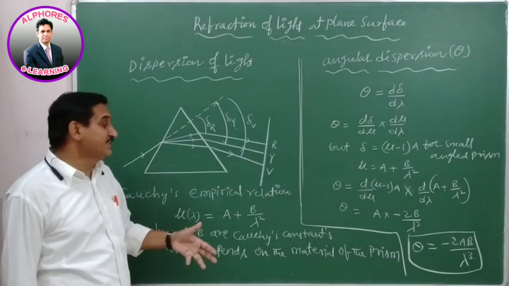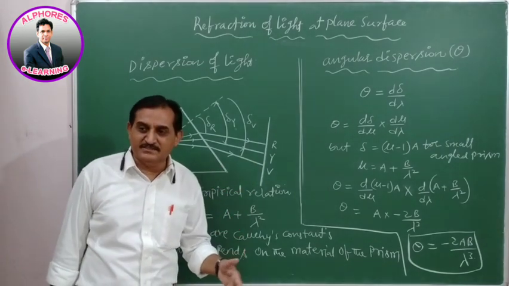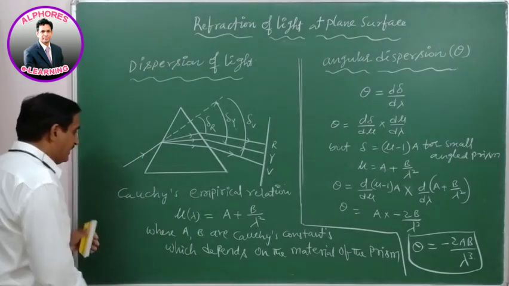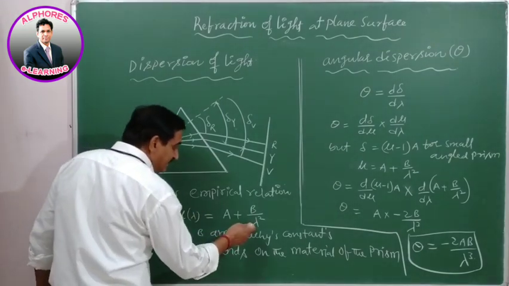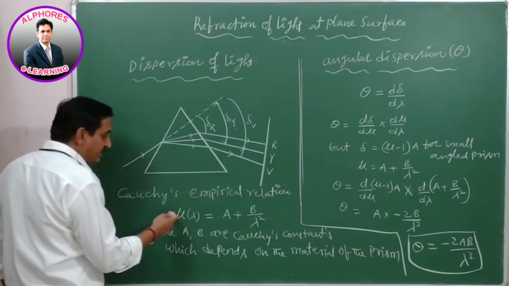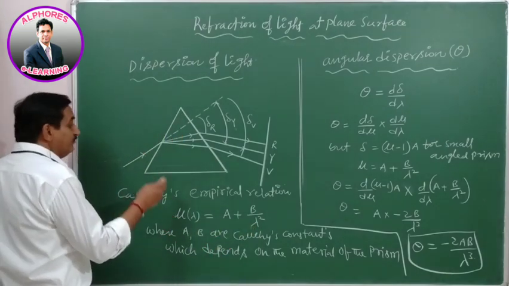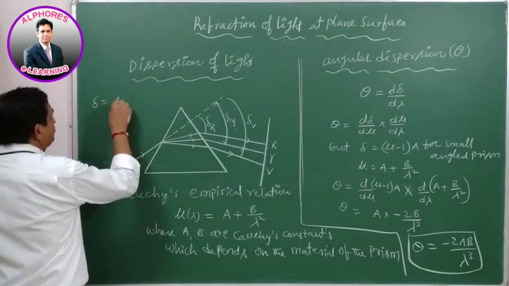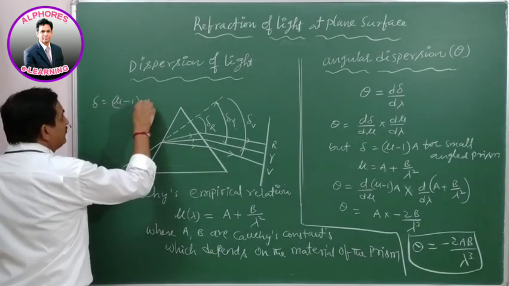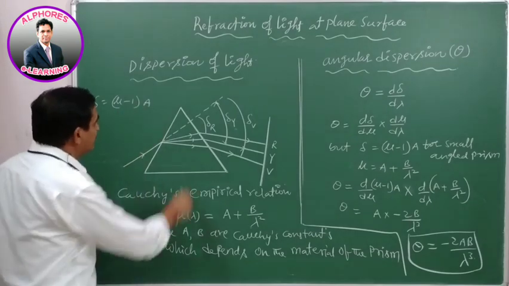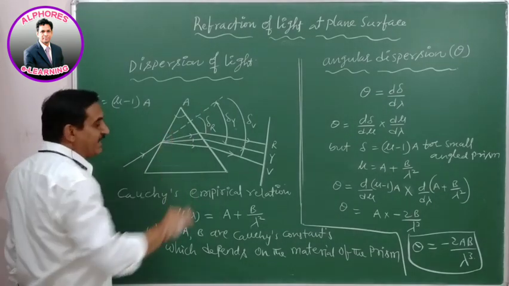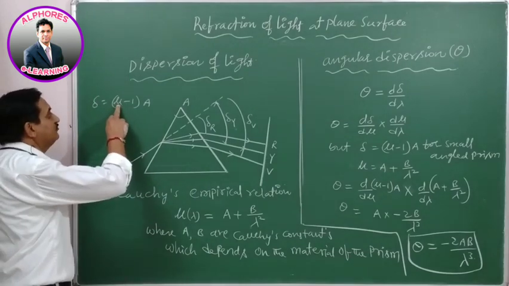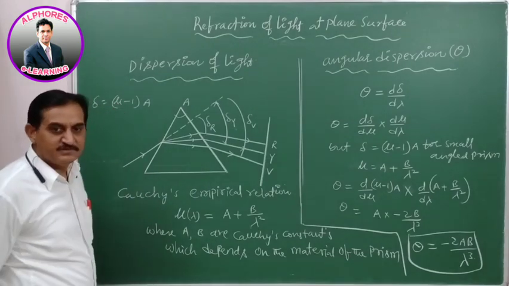We know that the deviation suffered by the violet is more than that of the red. Earlier we discussed that red has greater wavelength and a smaller mu value. Delta, the deviation, equals mu minus 1 into A. From this relation, for the given prism with angle A, the refractive index decides the deviation.